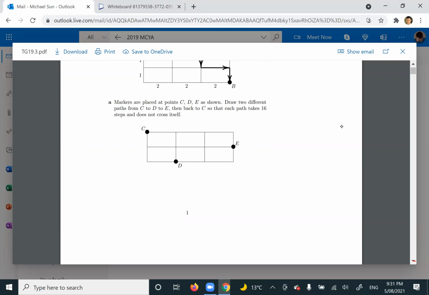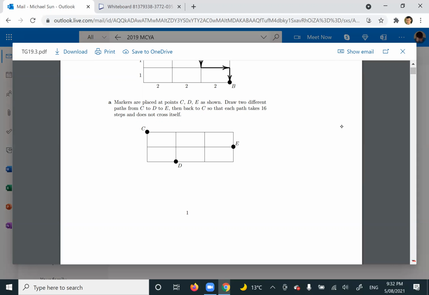Okay, so we're looking for two different paths, okay? So maybe we can look for one first, yeah? So what could be one path? So we need one path from C to D to E and then back to C. No, C to D to E, not C to E, right?